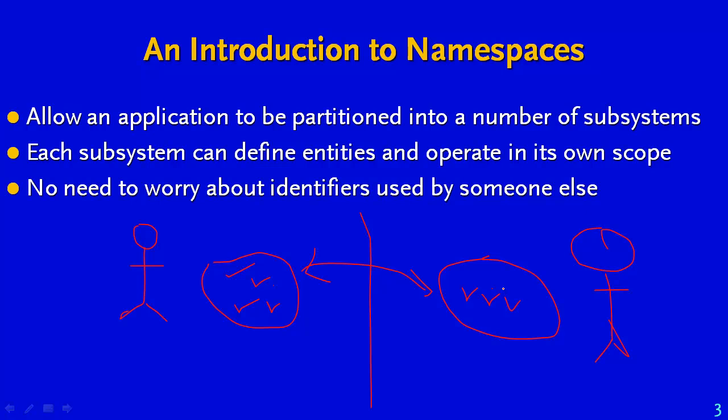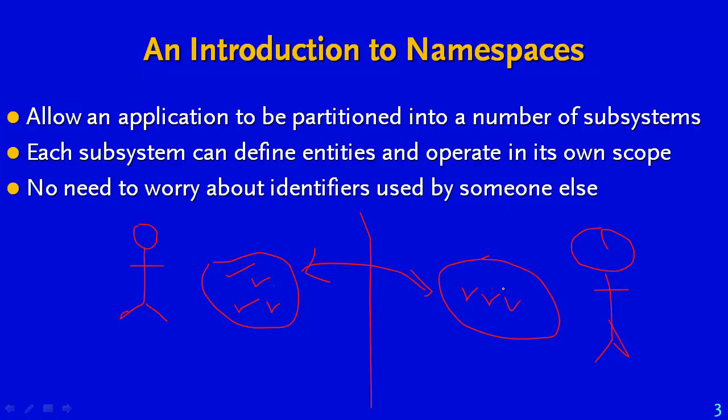In the old days, we would have print functions with qualifiers like print underscore John and Mary and whatever, print 001, which is just terrible. What you want is like function overloading. You basically just want the same print function. So that's basically the motivation for namespaces.